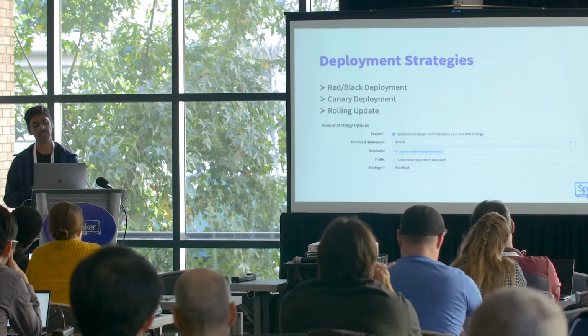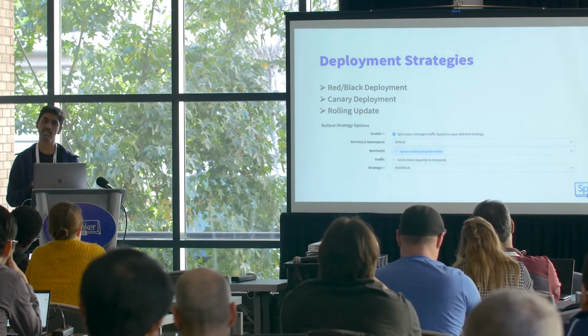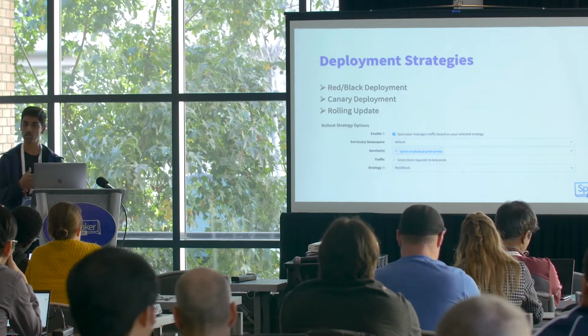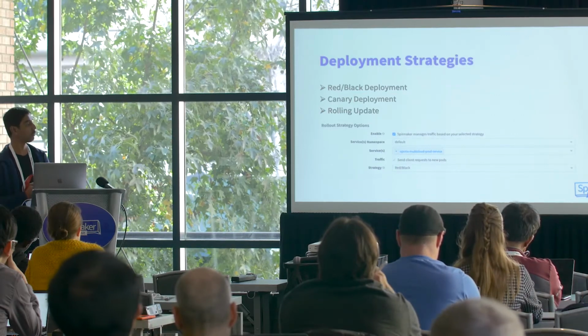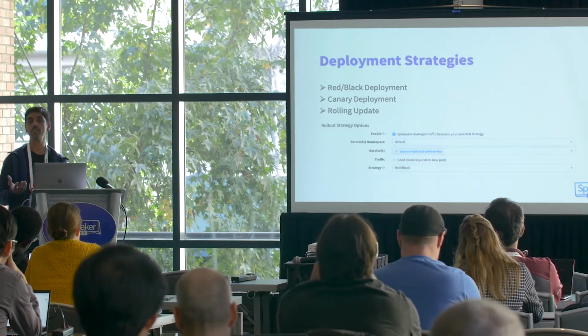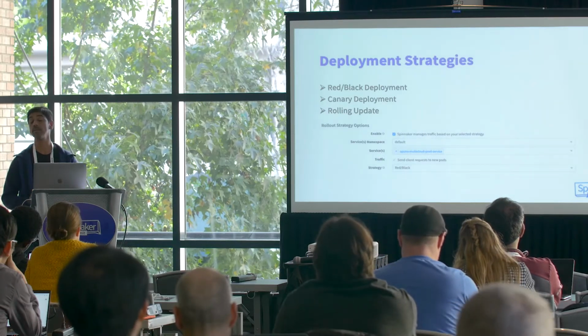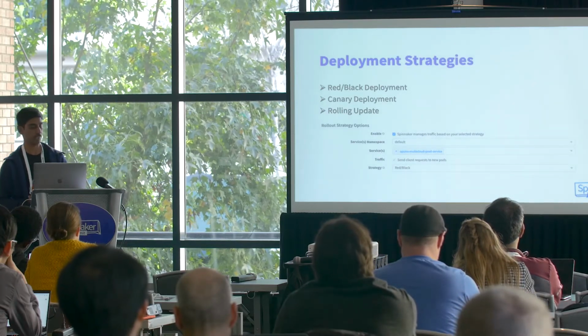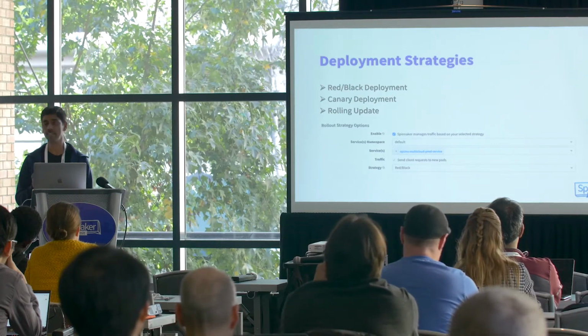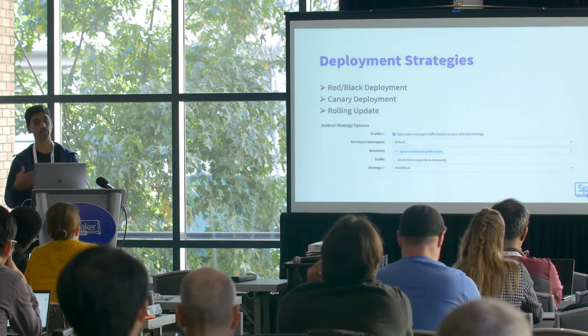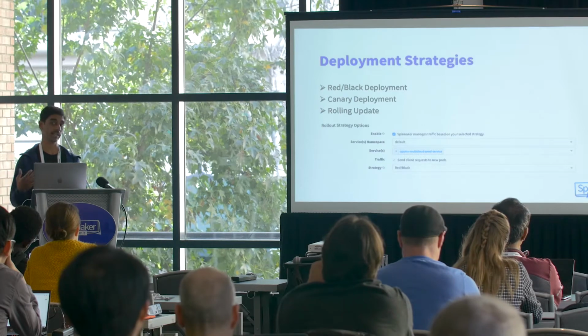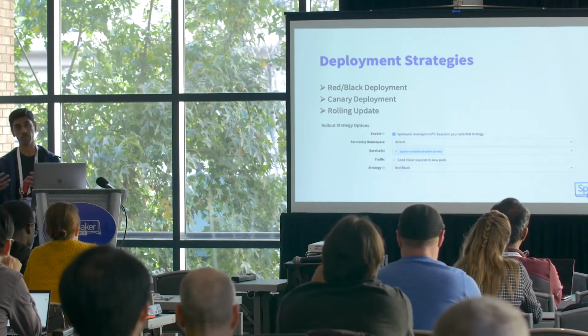One thing here is that it only supports replica sets, and it does not support Kubernetes deployments for this traffic management. So your manifest needs to be deploying replica sets. Part of the reason is that deployments automatically support rolling updates, and with replica sets, you manage your own.